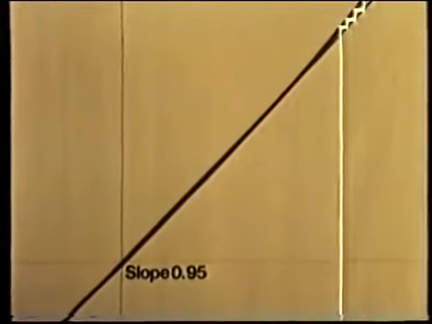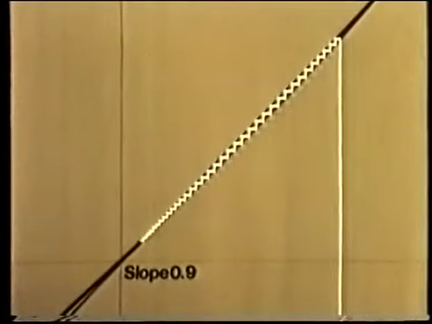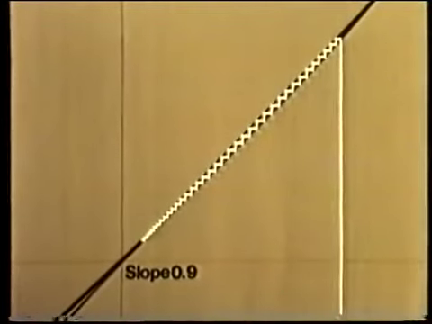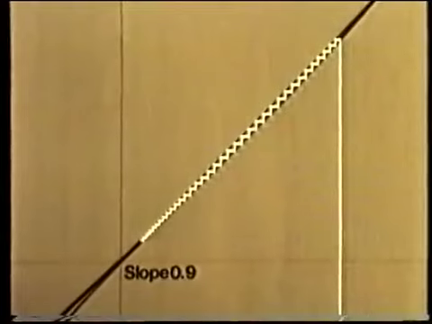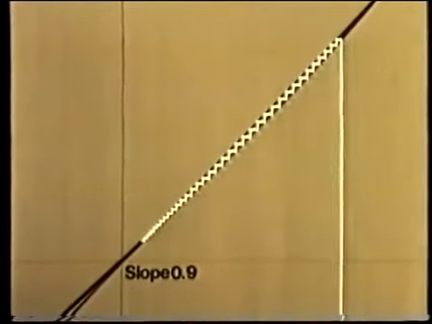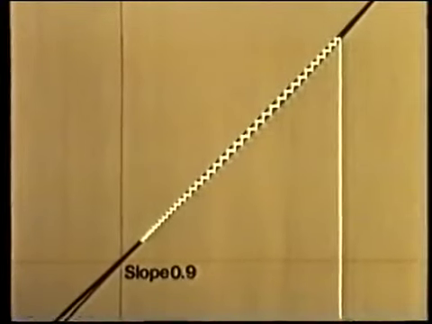Now let's see a slope of 0.9. And now we get convergence. It takes a lot of steps before we get close to the solution. With smaller slopes, we get close in fewer steps. The convergence is faster.